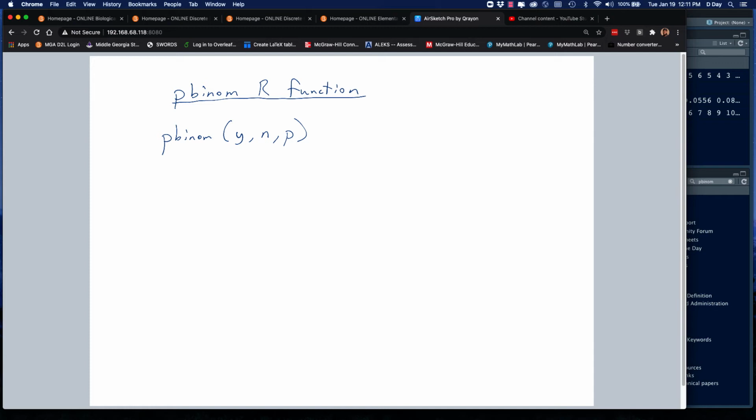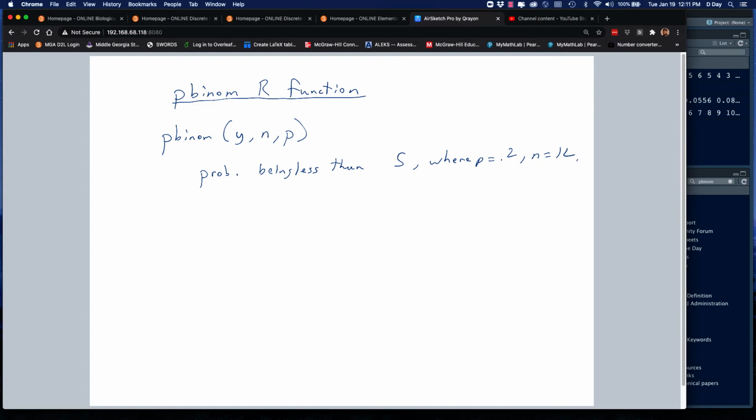But what this does is, let's say, for example, you wanted to find the probability of being less than 5, where p equals 0.2 and n equals 12.